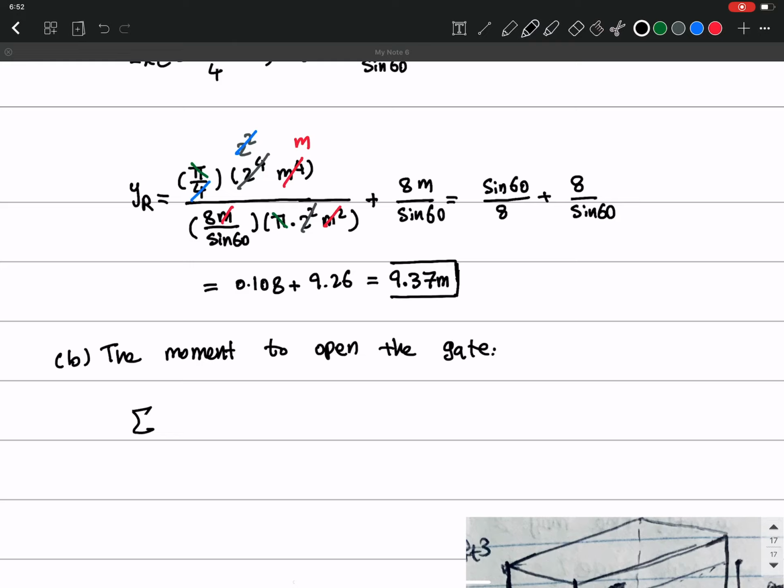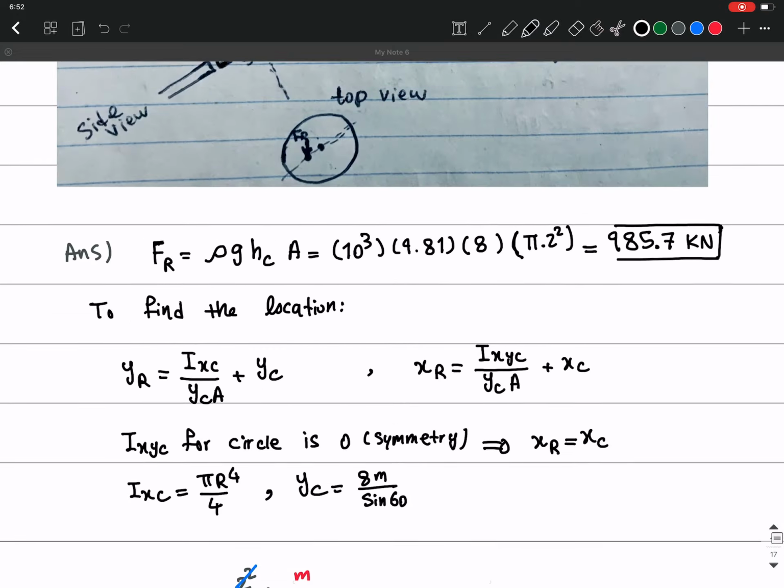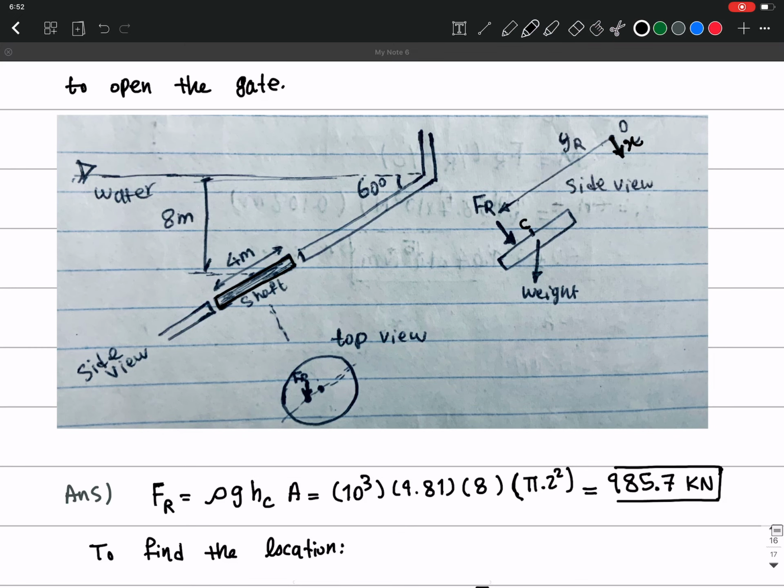So I'm going to write that the moment around the center of this gate is 0. Okay, and then I want to calculate the moment around the center of this gate. Let me calculate it here, and then we will write it later. So what is the sigma of MC, the moment around the center?